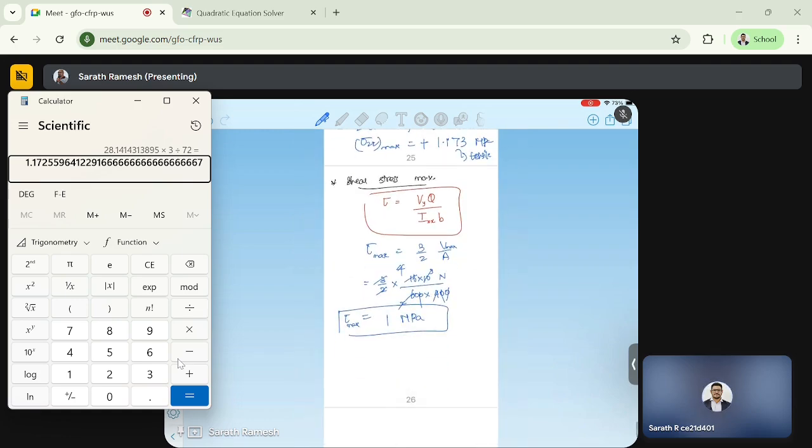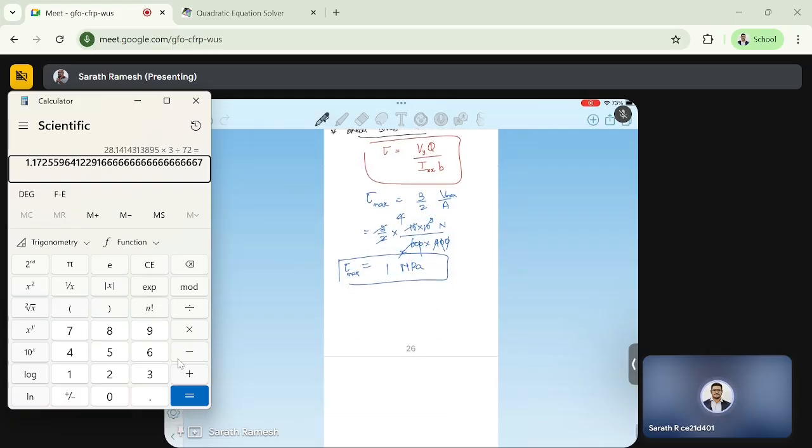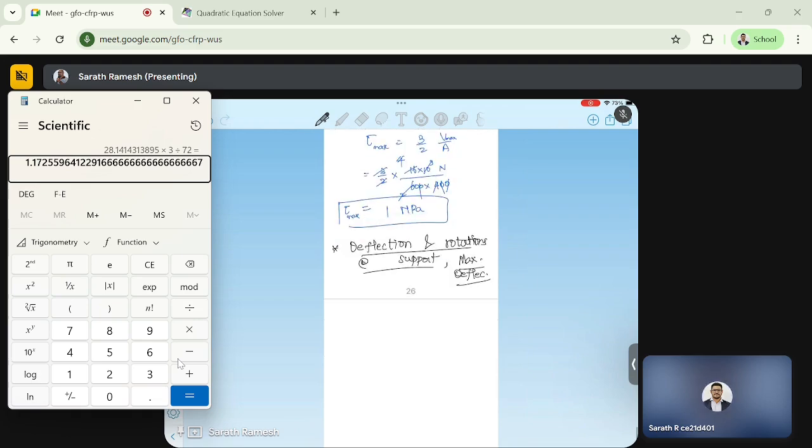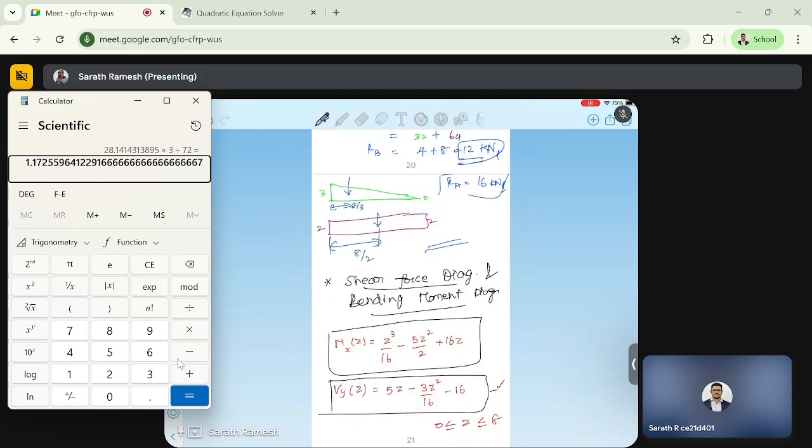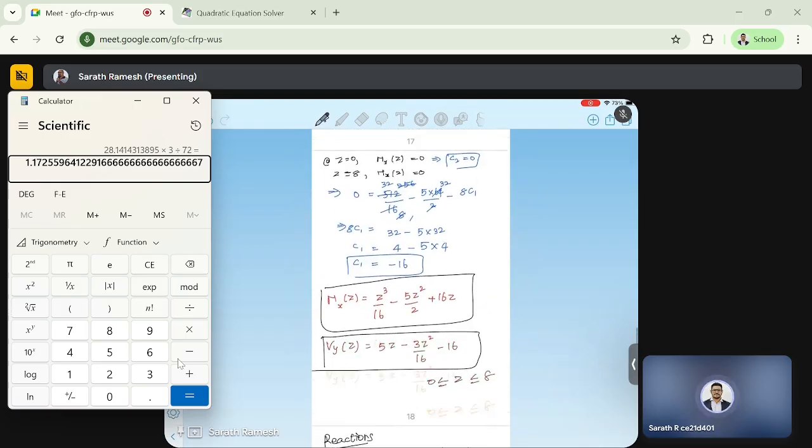Fine. Moving on. Next, we need to find the deflection and the rotation at support. At support, also maximum deflection. Okay, maximum deflection equal to what? Right. So let's use the differential equations connecting the moment and the deflection.